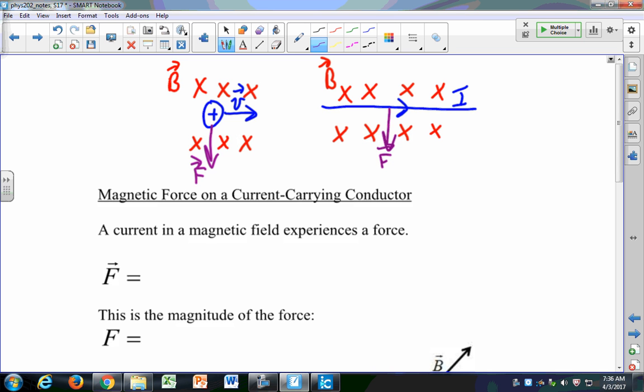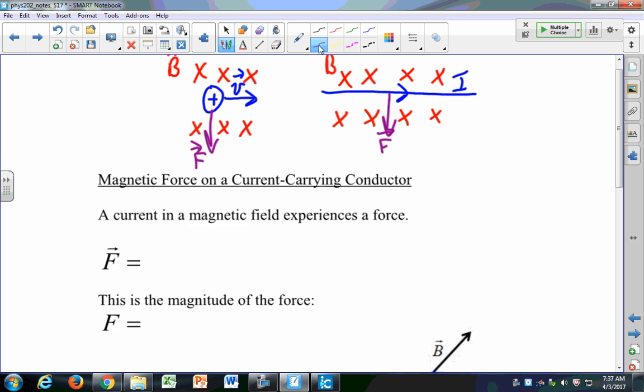Well, in a very similar way as we saw the particle in free space moves under experience of a magnetic field. So remember we gave this force as F equals QV cross B. For a current and a magnetic field, a wire and a magnetic field, we're going to give the force as the current, that's I, times L, that's a vector quantity, cross the magnetic field.